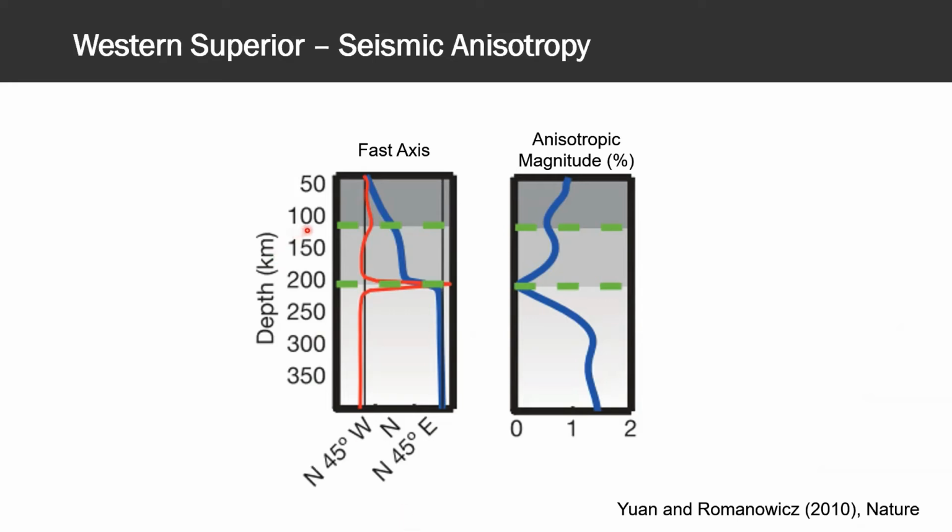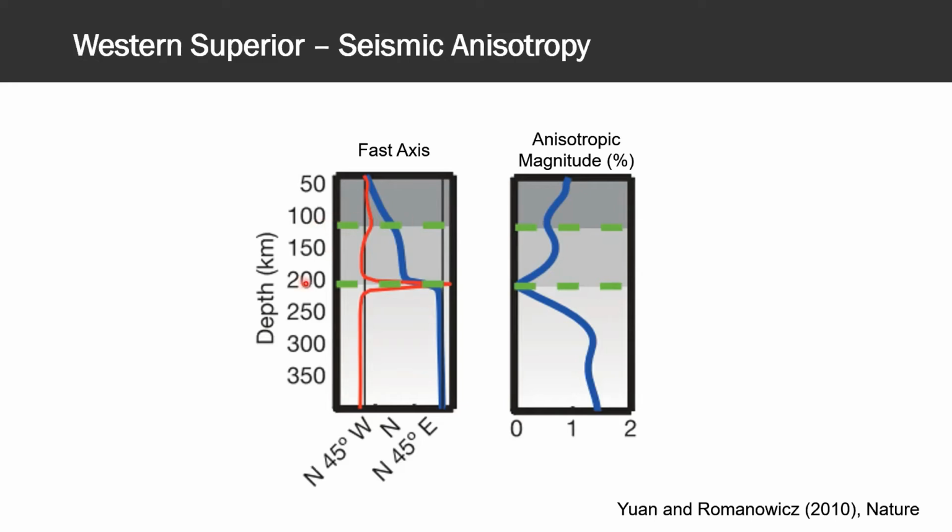And you can see here that they were able to image between 100 and 200 kilometers depth that the seismic fast axis direction is roughly north-south, and that deeper than that, it turns to roughly east-west, which is approximately the average plate motion direction.